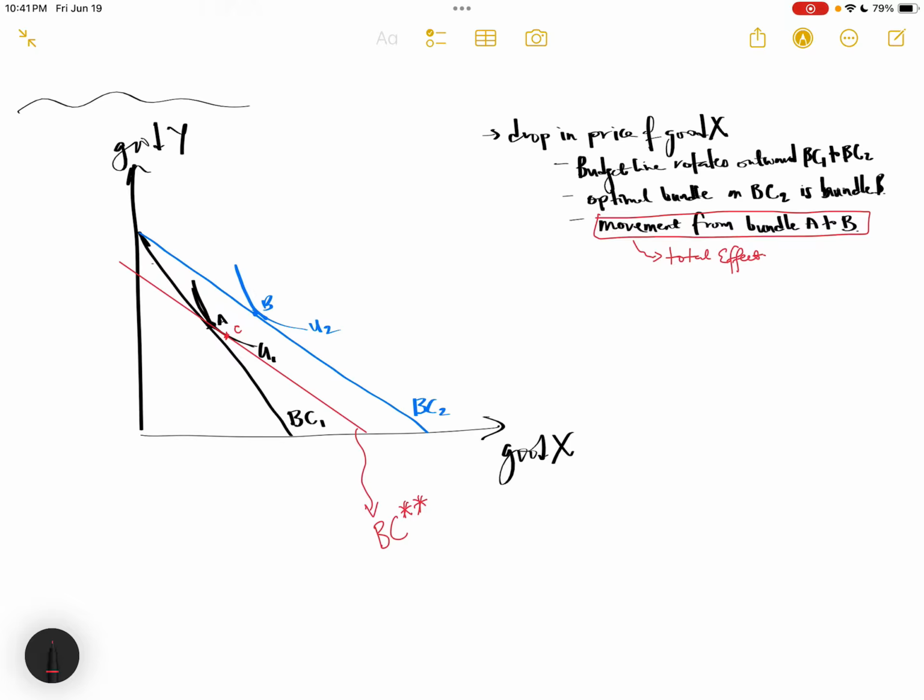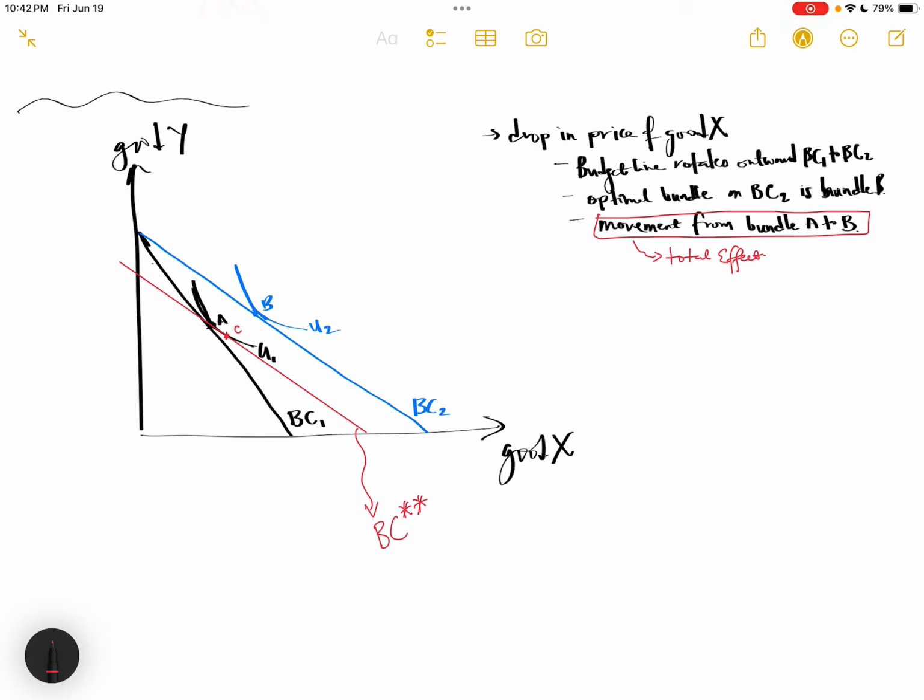Two parallel lines have the same slope. And so this BC star star is still reflecting the drop in price of good X. Yet we draw it tangent to the initial utility level in order to mute the income effect.